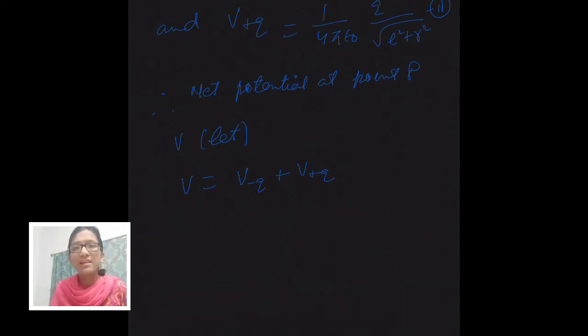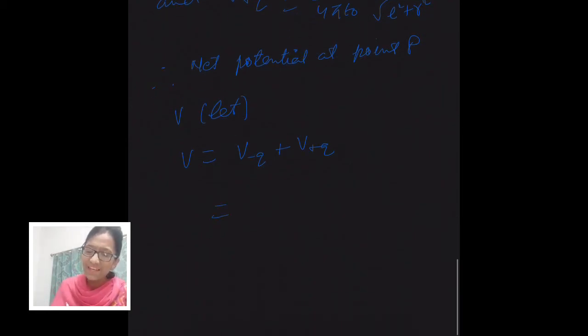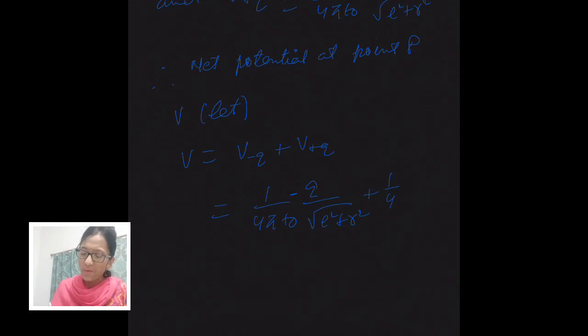As potential is a scalar quantity, so it is an algebraic sum, and this is equal to 1 upon 4 pi epsilon naught, minus q upon under root L square plus R square, plus 1 upon 4 pi epsilon naught q upon under root L square plus R square.